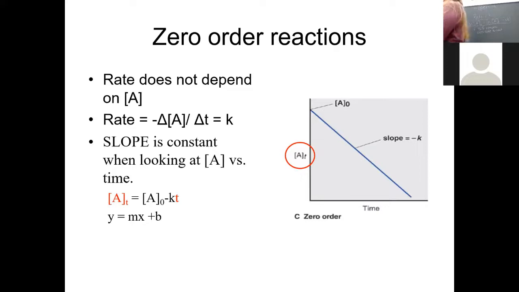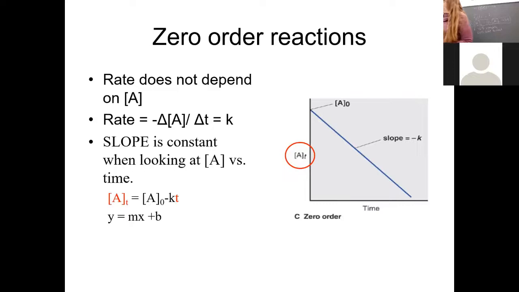Now, in kinetics, most things are going to be positive, right? And that's true with your rate constant as well. But we know that this is a downhill line, and a downhill line has a negative slope. So we have negative k here, which means that our slope is going to be a negative number, and we'll drop the negative to get to the k.